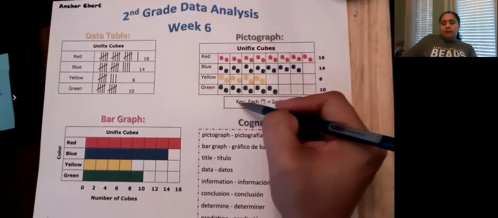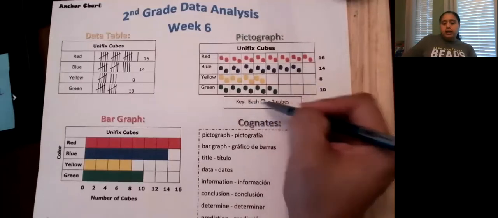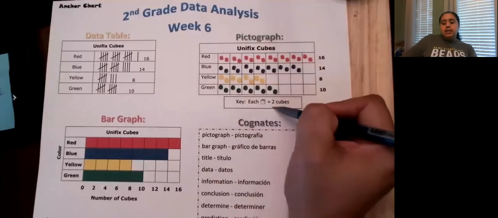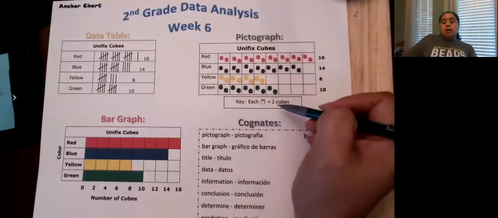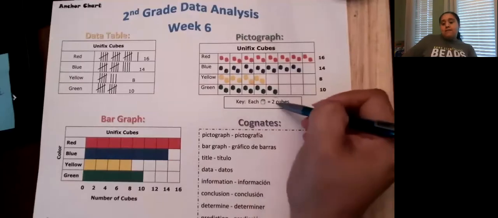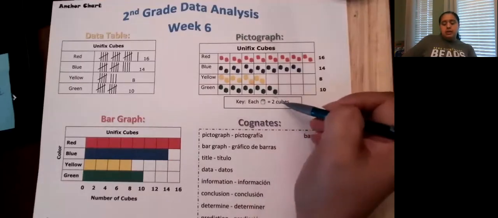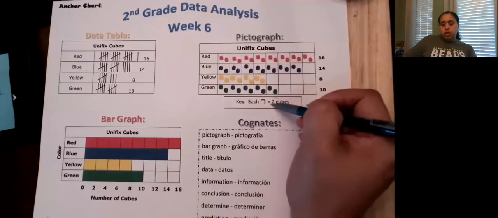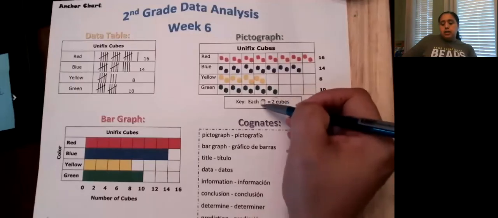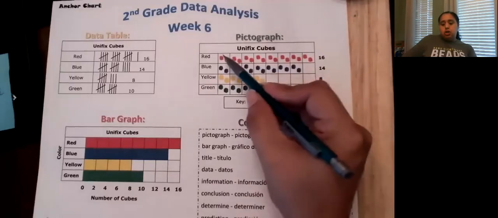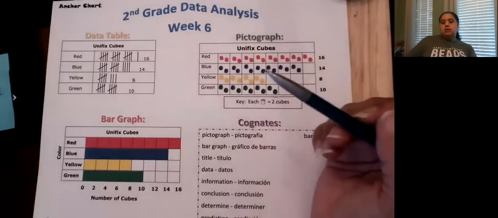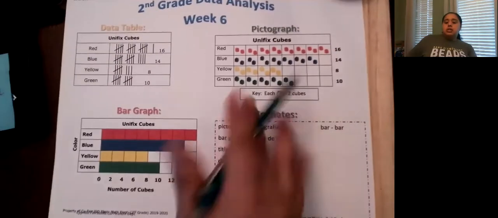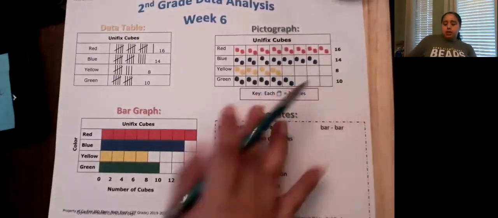This week, we have to be very careful when we're looking at the key because it's going to tell us that we might be counting by 2, by 5, by 10. This one is telling us that each one of these is 2 cubes. So 2, 4, 6, 8, 10, 12, 14, 16. Okay. So this is a pictograph because it has pictures.